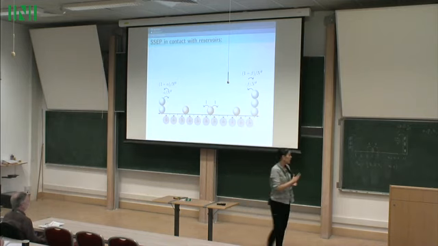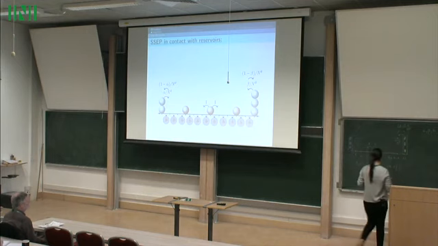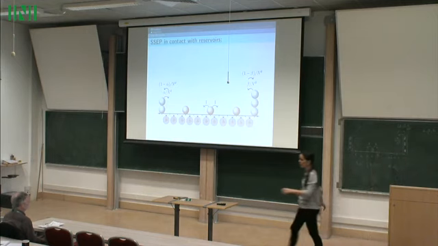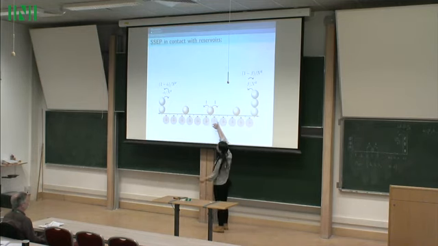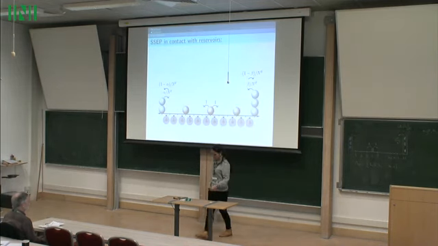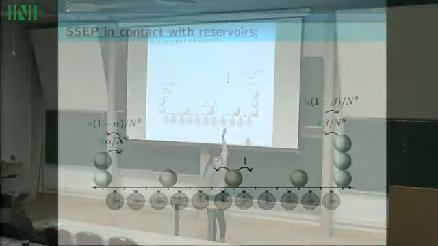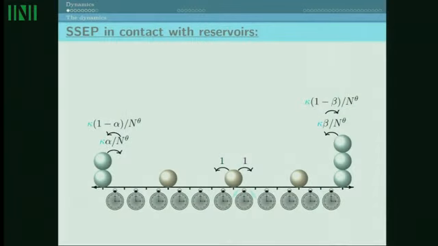Yeah? So I will discuss in the beginning, first I will show you some pictures about these dynamics. We have this. I'm not sure you can see, there are some lines here. Can you see them in blue? This means that the clock rings and the particle decides to jump. So for example, in this case, this clock is ringing, the particle is going to jump to the right because it's empty.